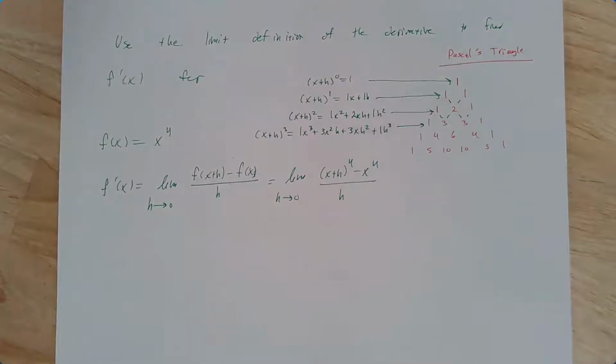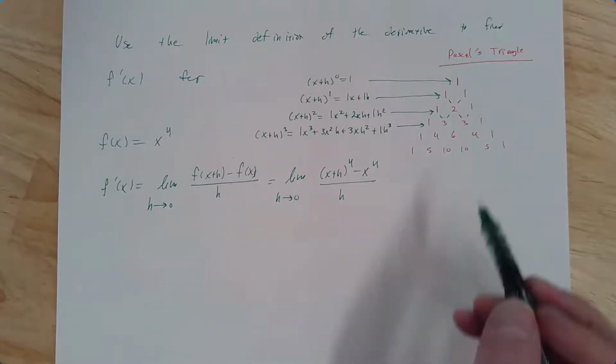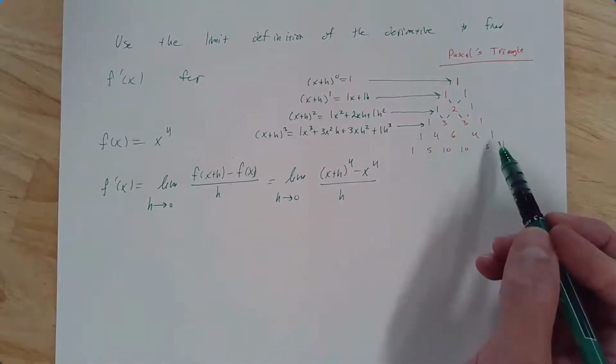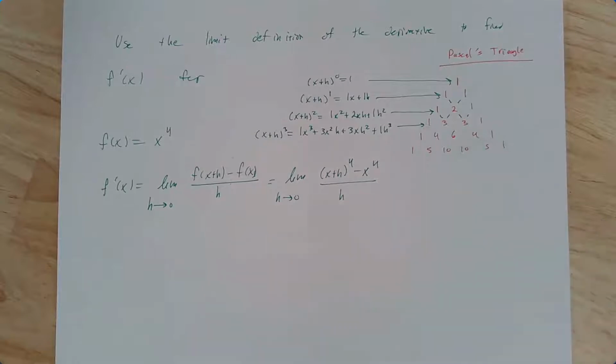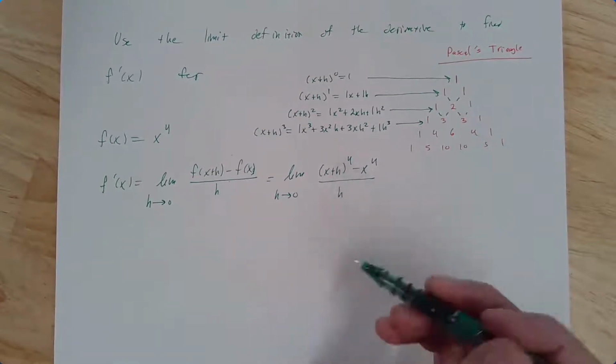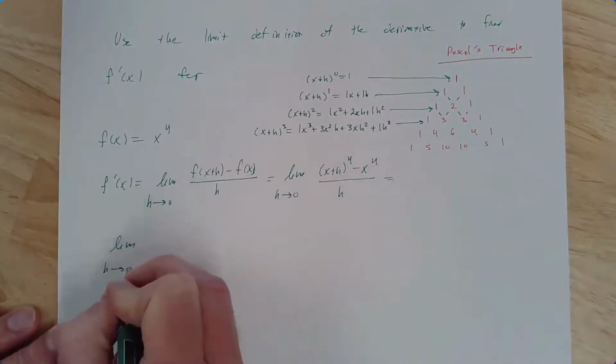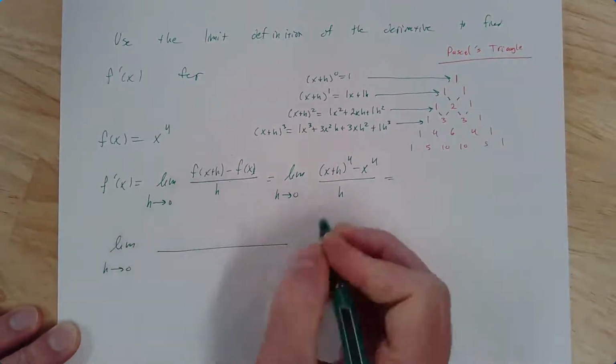So the way this pattern works every time is that for x plus h to any power, you start with x to that power, and then each subsequent term, the coefficients come from the corresponding row in Pascal's triangle, and the powers of x decrease by 1 every term, and the powers of h increase by 1 every term. Or the way I like to think of it is the powers always add up to the total power you're starting with. So when I write out (x plus h) to the 4th, I know I'm going to start with x to the 4th.